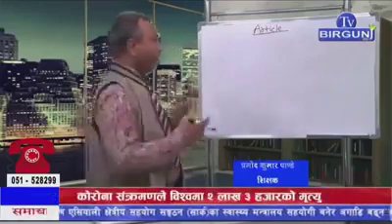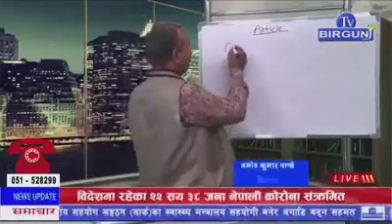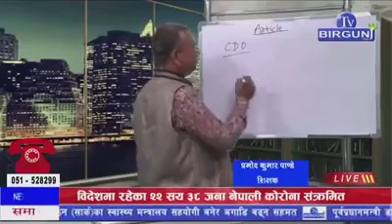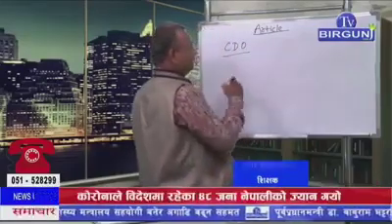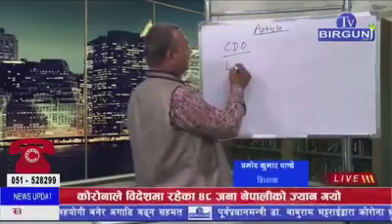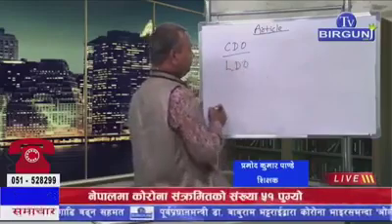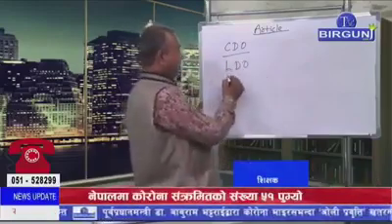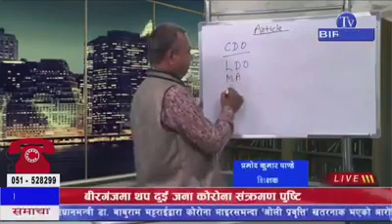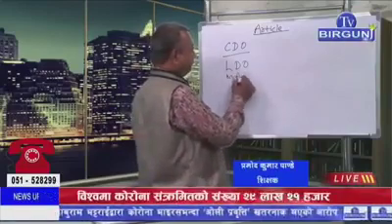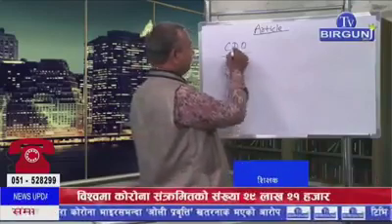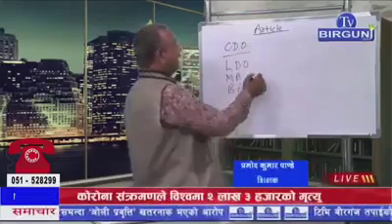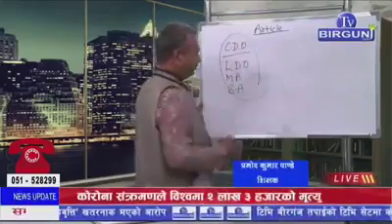It may be in any form, as you see here: CDO, LDO, MA, BA. All are short forms.